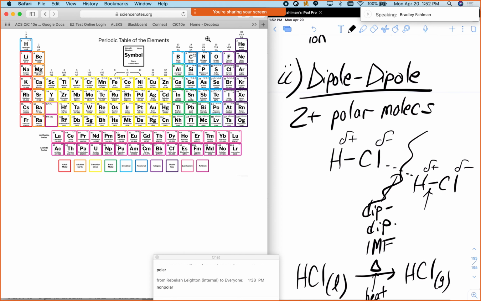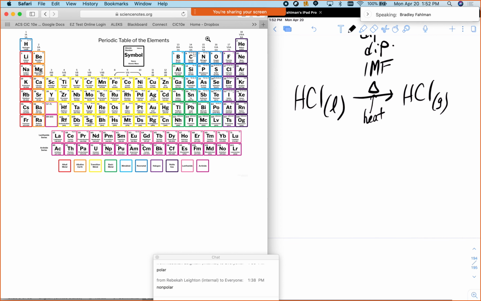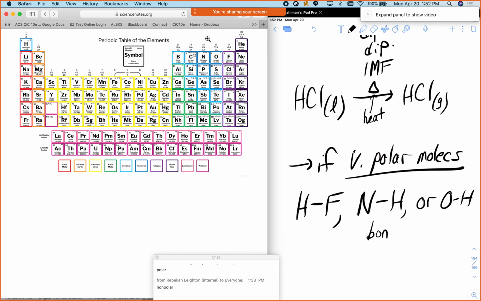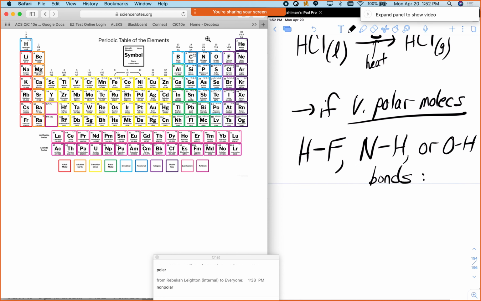Now, there's a subclass of dipole-dipole. If you have very polar molecules, so in other words, if you have these, then it's still a dipole-dipole, but we indicate it as a very strong type.